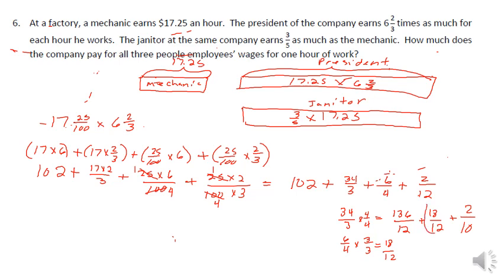I like to add these two together first. Now I've got 136/12 plus 20/12. That gives us a total of 156/12.